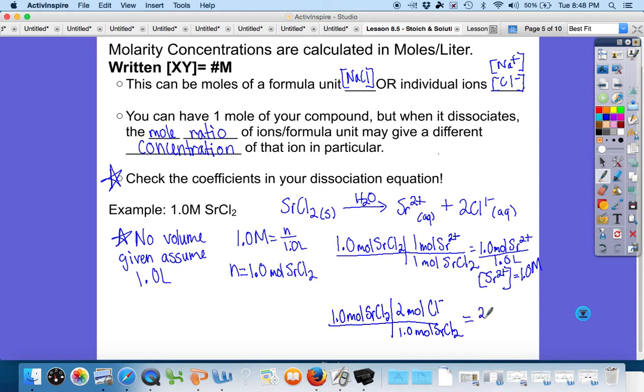So this is going to give us 2 moles of Cl1 minus. Divide by our volume of 1 liter, the concentration of our chlorine ions is 2 molar.